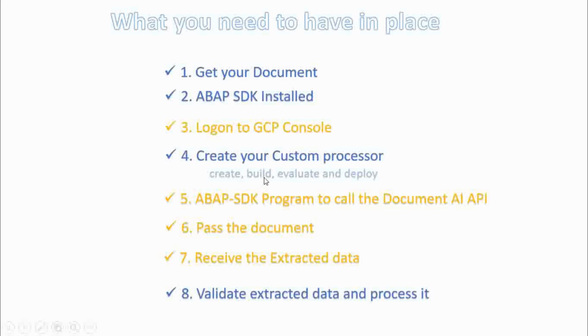Build means defining what data fields I am going to extract from the document. You can call it a schema. Then you will do the training. That means you practice that processor by feeding a lot of documents to it, and deploy it. These steps 3 and 4 I will explain in the Google console.